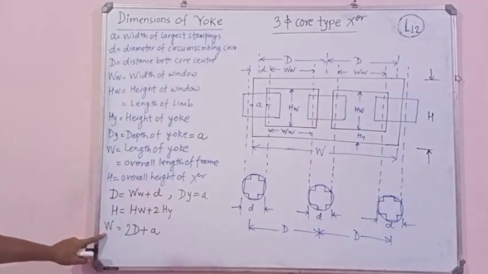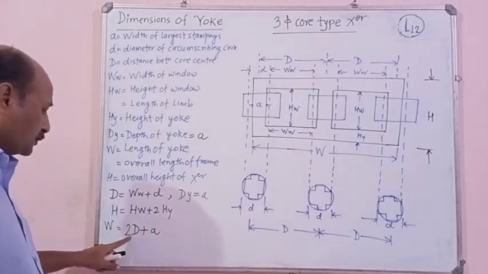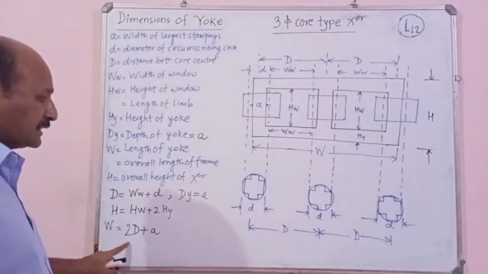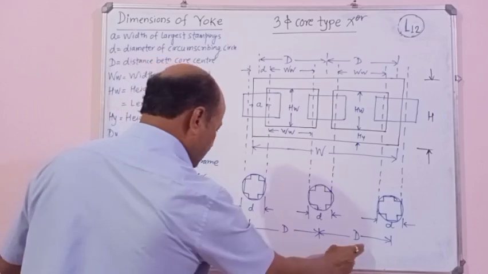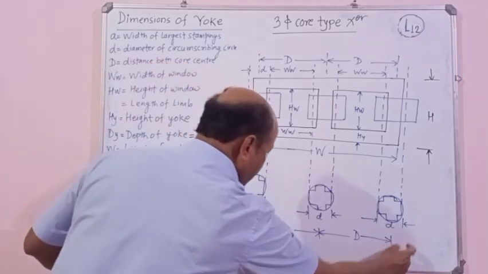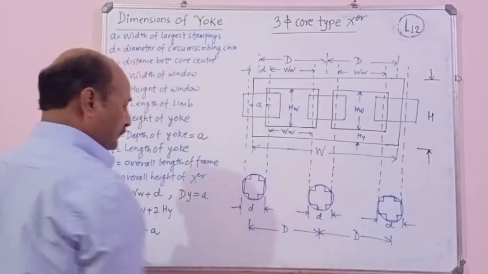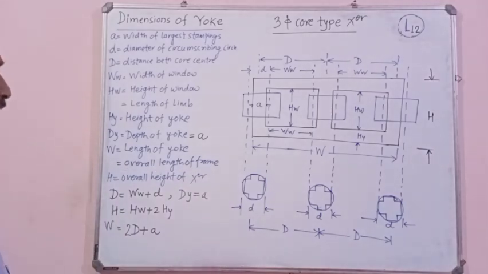Then the length of the yoke, or overall length of the frame, equals 2 times D plus A, that is D plus D plus half of the A plus half of the A, which will be the capital W.